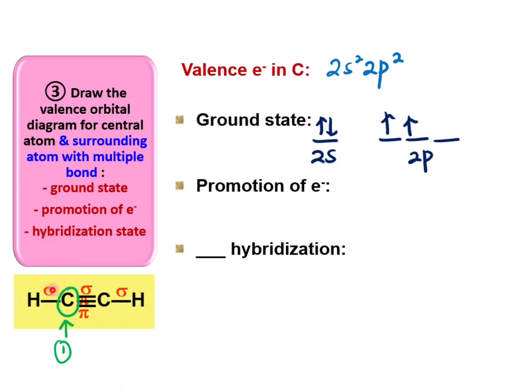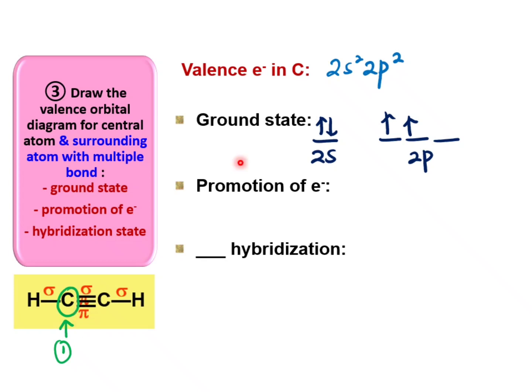Alright, so apa yang you kena fokus dekat sini, tengok pada carbon ni dia ada satu sigma bond that form with hydrogen dan satu sigma bond that form with the other carbon here. Okay, at the same time dia ada 2 pi bond that form between this carbon also. So dia ada 2 sigma bond dan 2 pi bond. Tengok 1, 2, 3, 4.